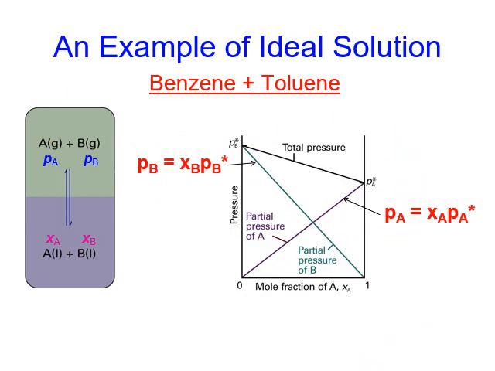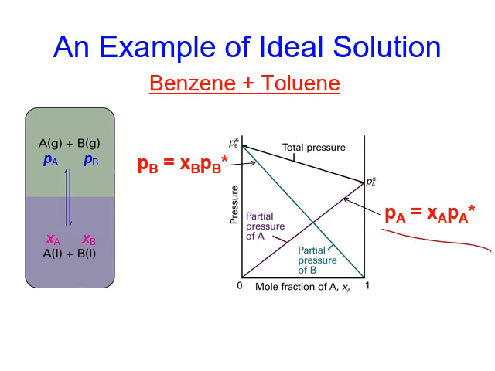What kind of solution obeys Raoult's law? Raoult's law is for ideal solutions where all intermolecular interactions are the same, and therefore only when the molecules are similar can they obey Raoult's law. A benzene and toluene solution is an example. Benzene and toluene have similar structure, and therefore they both obey Raoult's law.